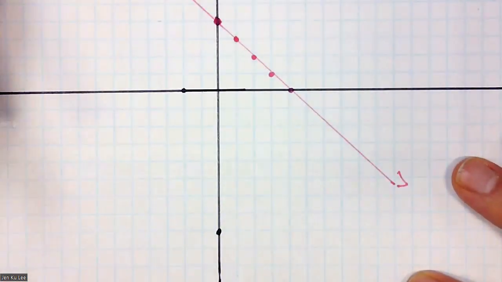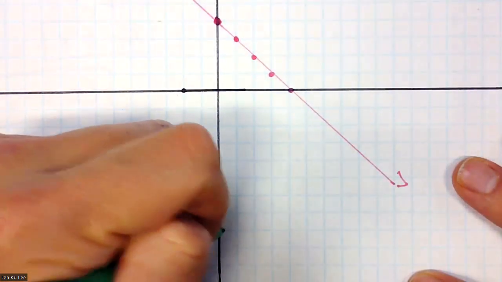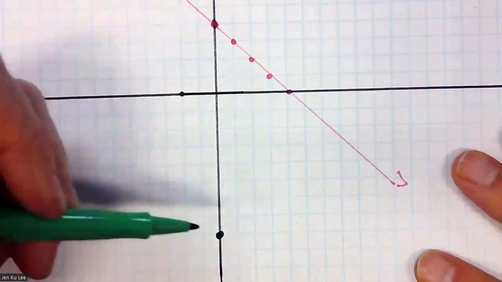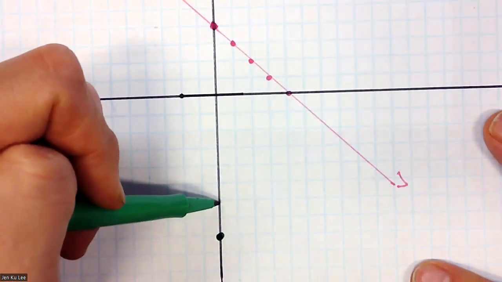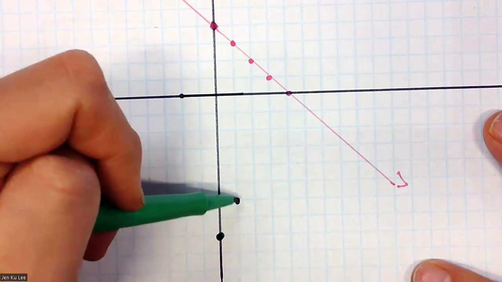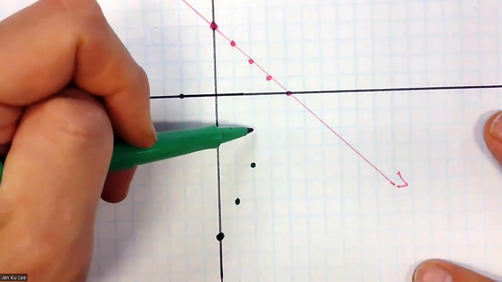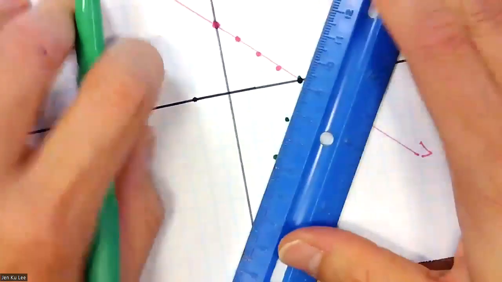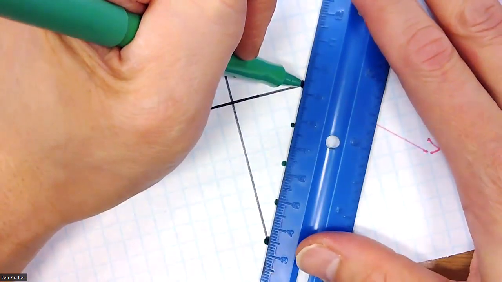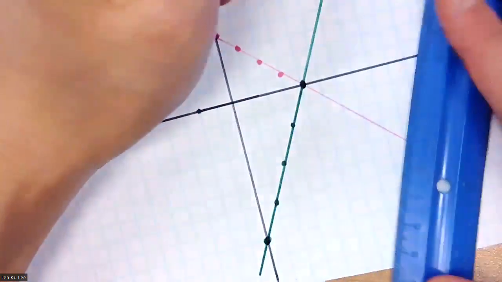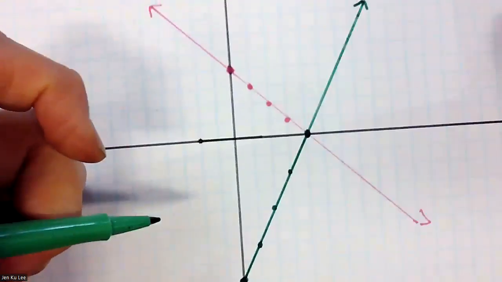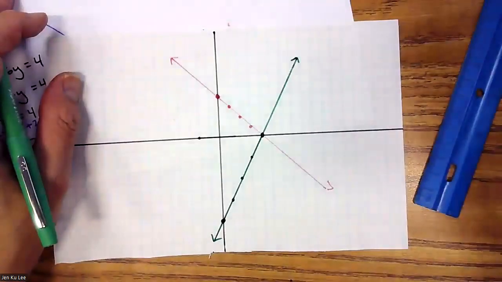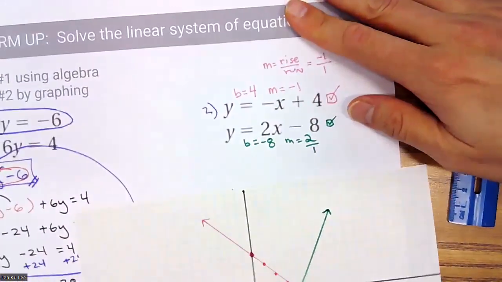So the reason why I did 2 over 1 for my slope is now I know how much to rise. Now I know how much to run. Right? So I go up 2 over to the right 1, up 2 over to the right 1, up 2 over to the right 1. And I'm going to draw my line as accurately as possible, right? Okay, so there's my line, right? Green, pink.